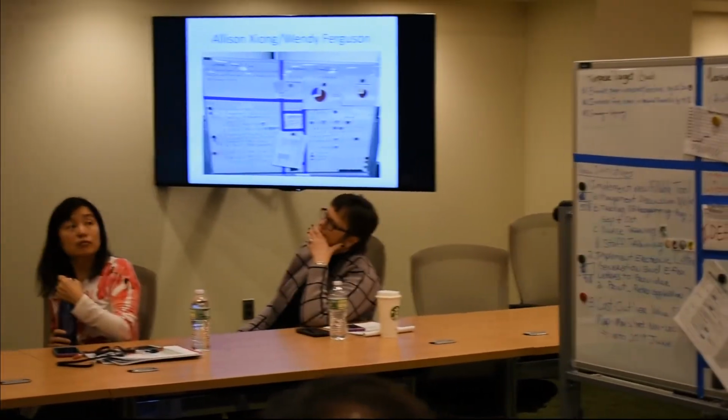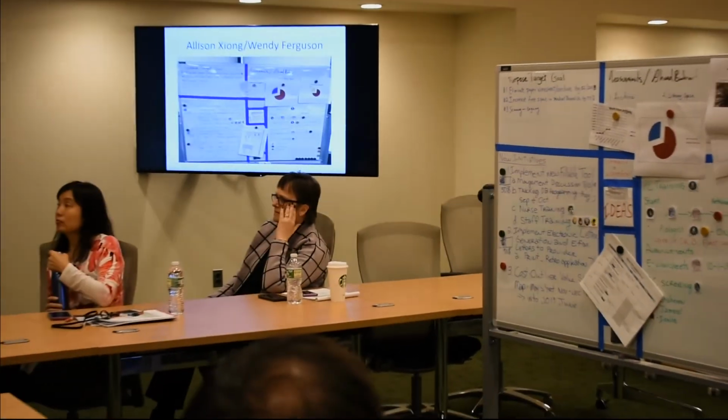Allison, you're used to this now. Can I ask you a hard question about your board? Yes. So for the pie chart that shows where you are in emptying the file room, are you ahead or behind? We're on target. You're on target? How do I know? The blue is good? Yeah.